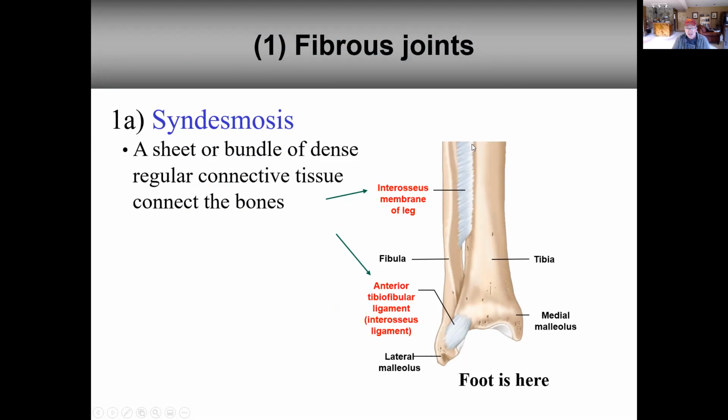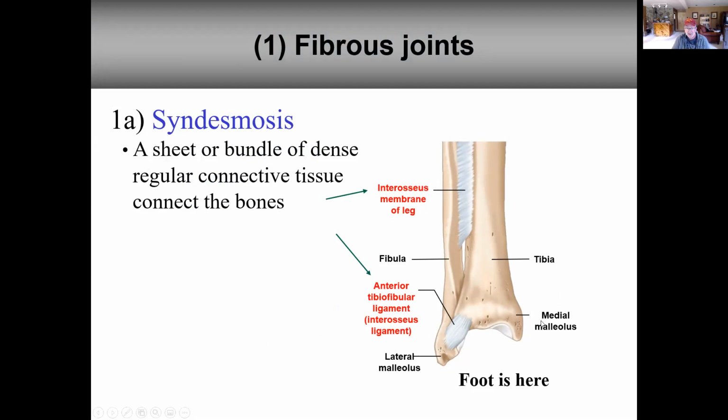We have here between the diaphyses of these 2 bones something called the interosseous ligament. This is that dense fibrous connective tissue, sort of a band of it here between the fibula and the tibia. And then way down where the lateral malleolus of the fibula articulates here with the lateral region of the tibia is something called the interosseous membrane.